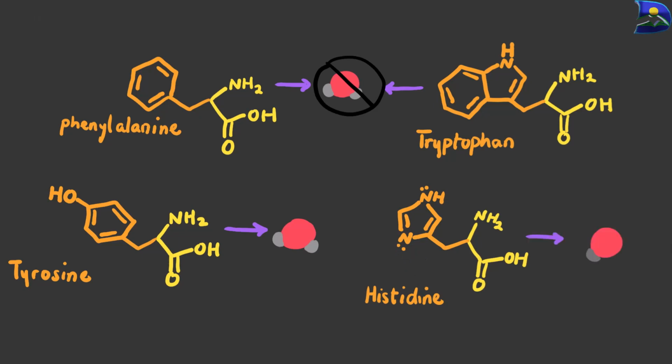And this is a characteristic of histidine compared to phenylalanine, and phenylalanine tends to be similar, of course, to tryptophan, despite the fact that we have a nitrogen present, while phenylalanine is really different from tyrosine because of the hydroxyl attached to the ring.